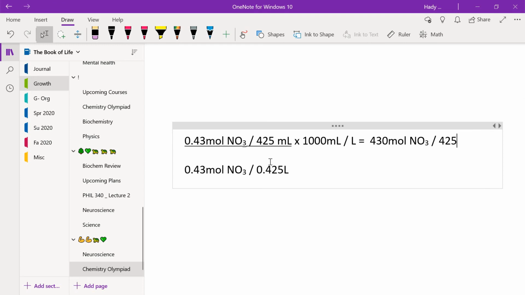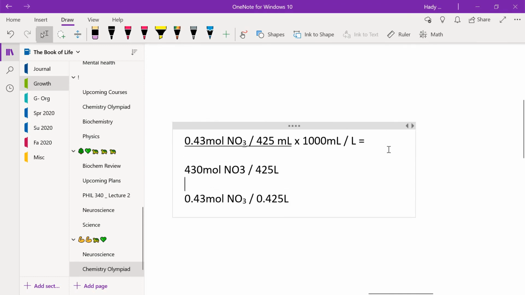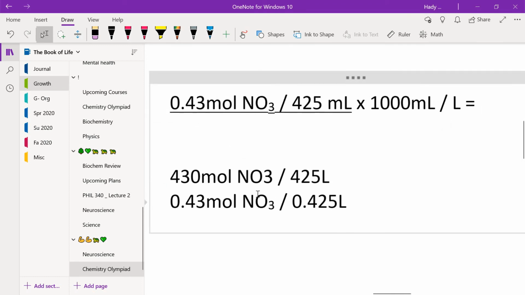Over 425 liters, which reduces. You'll see they reduce. Again, fractions are just comparisons between numbers, so don't get too fooled by the stoichiometry confusion, you're really just trying to rescale.